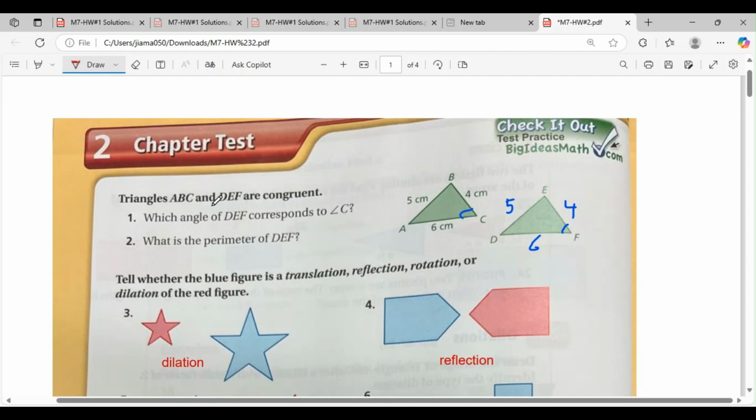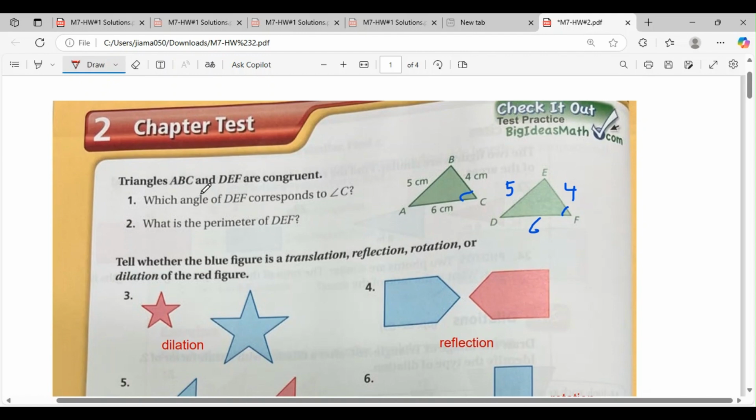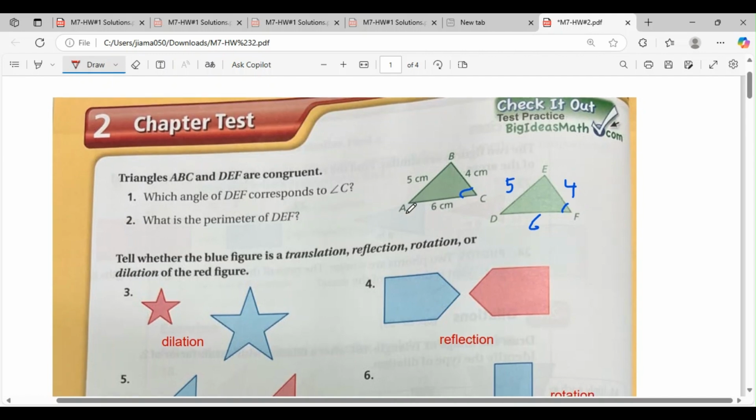So let's see. Triangles ABC and DEF are congruent. Which angle of DEF corresponds to angle C? We know that they are congruent, which means AB equals DE, AC equals DF, BC equals EF. So the three angles are also congruent to each other.